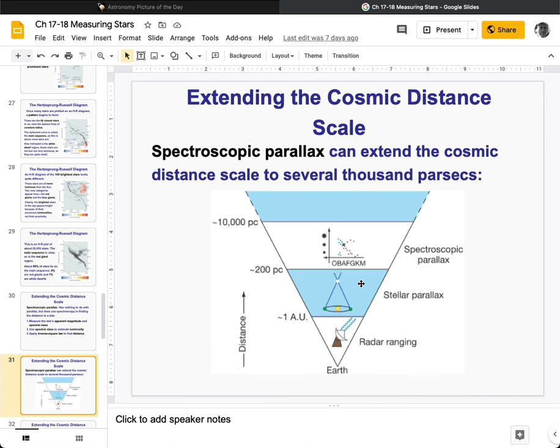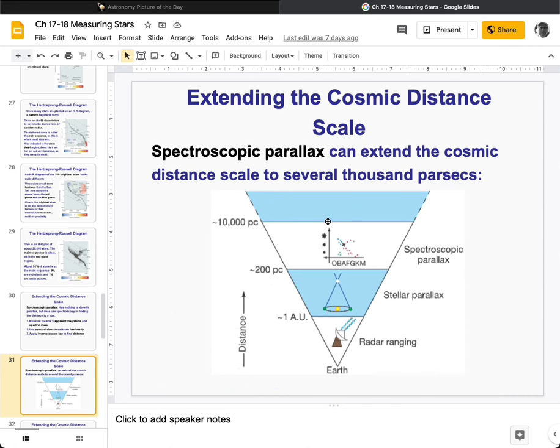But nonetheless, as we use different techniques for measuring distances in the universe, we started out near the Earth, and then in the solar system, and then nearby the sun, and now we're talking about distances in the Milky Way. Now we're talking about between here and Andromeda and other close by galaxies.